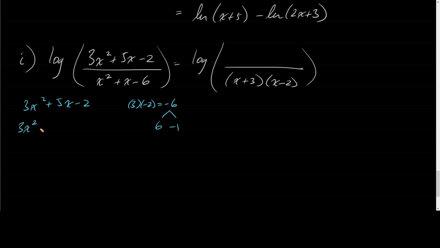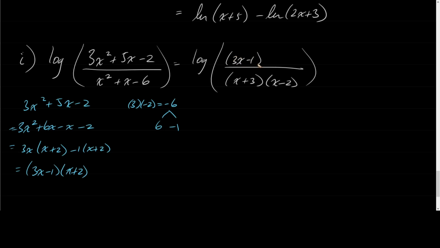So I'm just going to write them as 3x squared plus 6x minus x minus 2. From the first two, take out a 3x. I'm left with x plus 2. From the second two, take out a negative 1. I'm left with x plus 2. So I have simply (3x minus 1)(x plus 2). All right, so that's what we get here. (3x minus 1)(x plus 2).